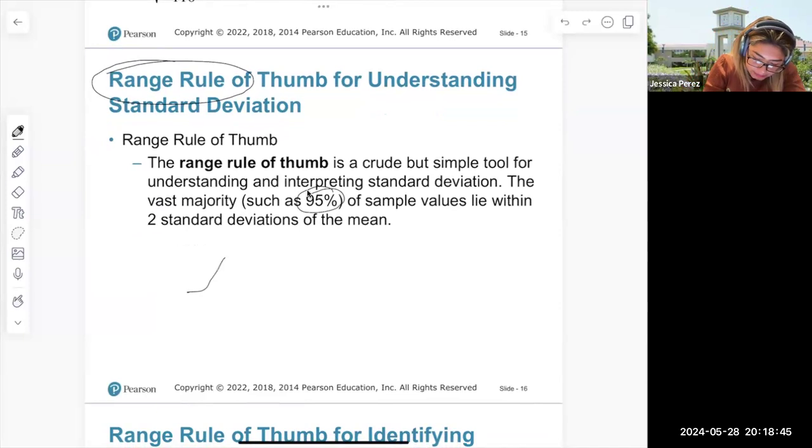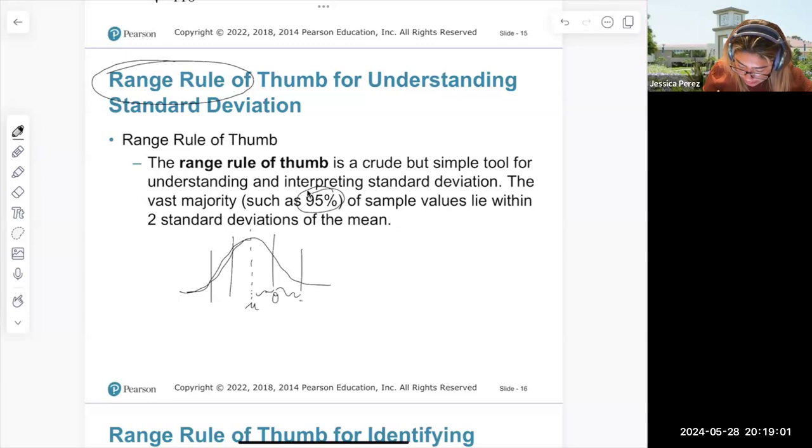And I'm terrible at graphing again. So here, look, this is our mean. This is 1 standard deviation away from the mean. This is 2 standard deviations away from the mean.